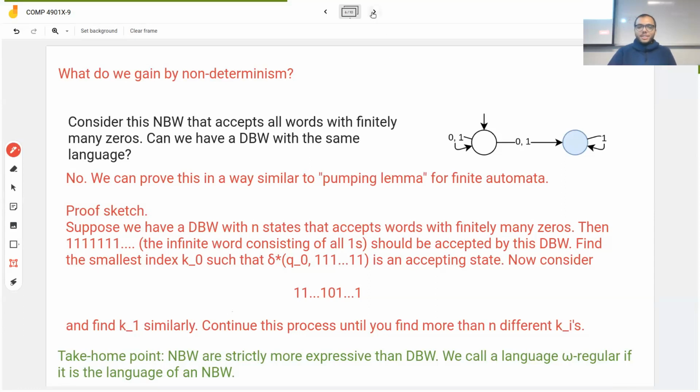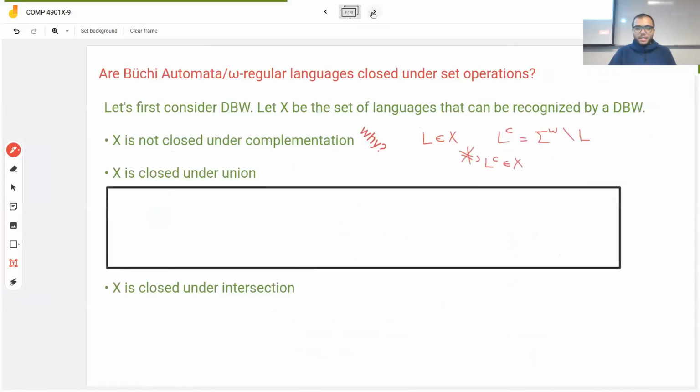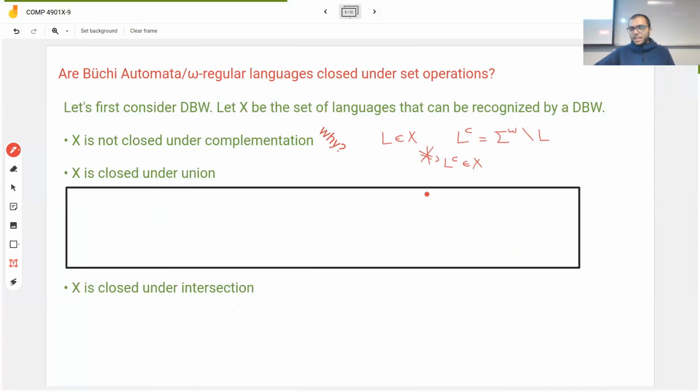Right? How can I do that? So I can just say I have an initial state. And if I read a 0, I go to this accepting state. Let's say this is accepting. Let me use blue for accepting. And from here, no matter what I read, I go back.